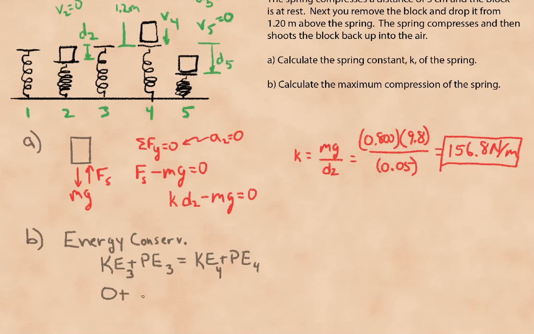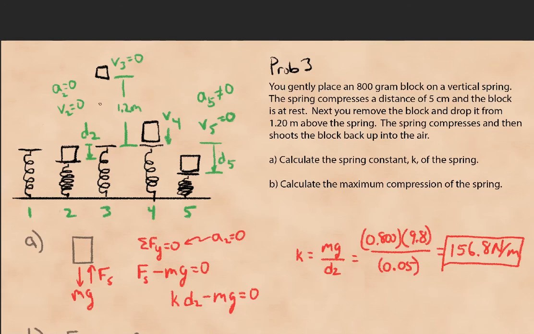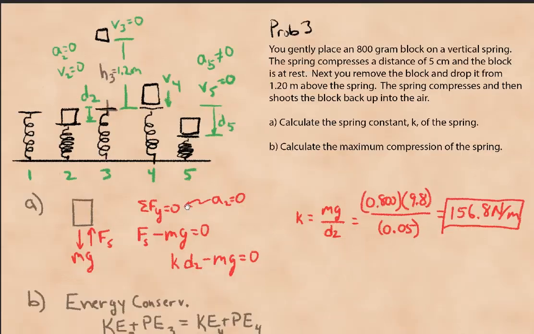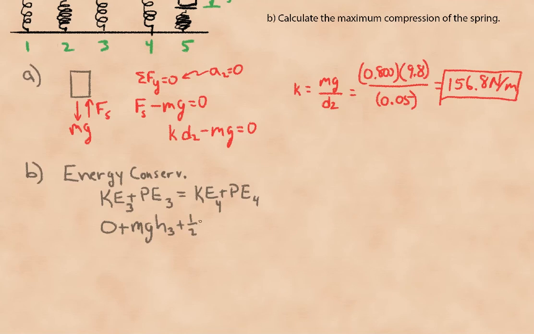We do have a gravitational potential energy, mg times H3, and H3 is going to be 1.2 meters, assuming that I put my origin at the equilibrium position of the spring. And the spring has a potential energy of 0 because it is neither stretched nor compressed.